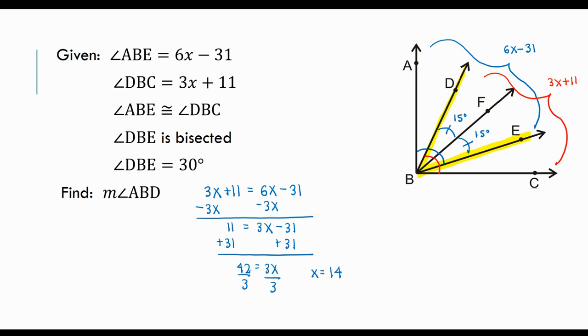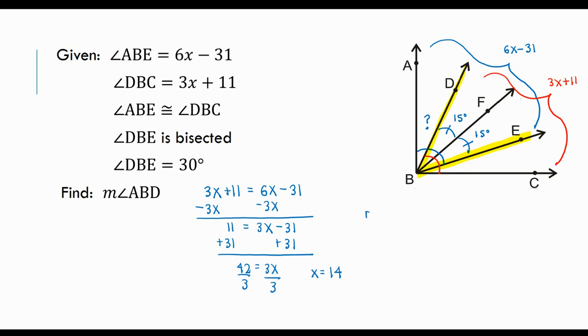Now that we've listed all of our givens and we know what x is, it says to find the measure of the angle ABD. So we want to figure out this little angle right there. Now that we know the x value, I can plug it back into those 2 expressions and figure out the measure of the angle ABE and DBC.